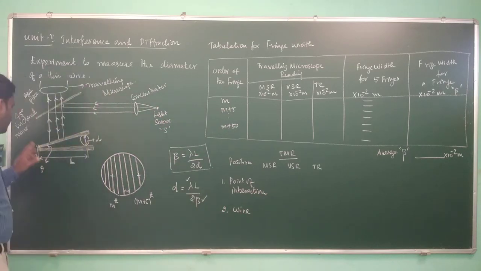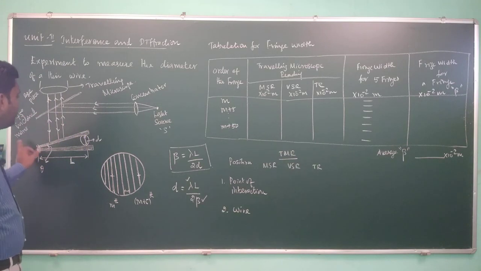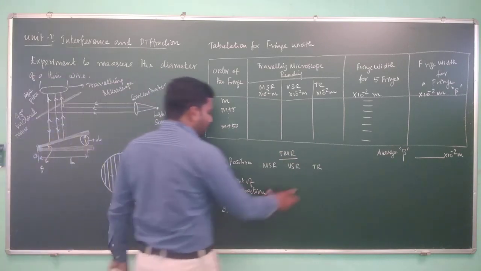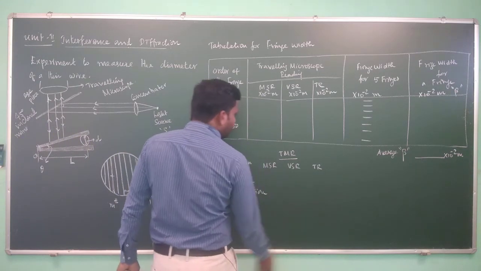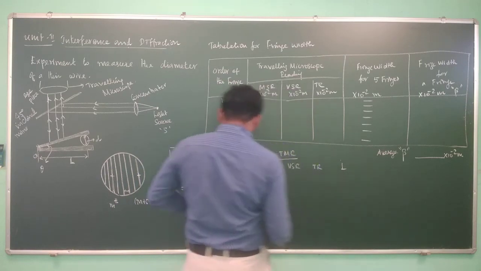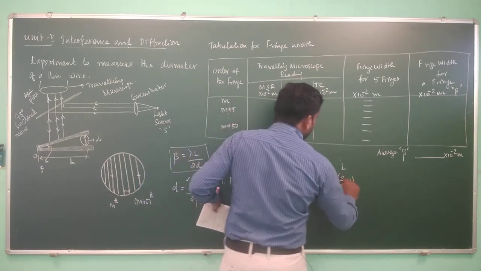So here we put the microscope and take the horizontal reading. Then we move the traveling microscope to the wire and again take the reading. The first reading we note here, the second reading we note here, and the length L we can calculate by subtracting 1 from 2.